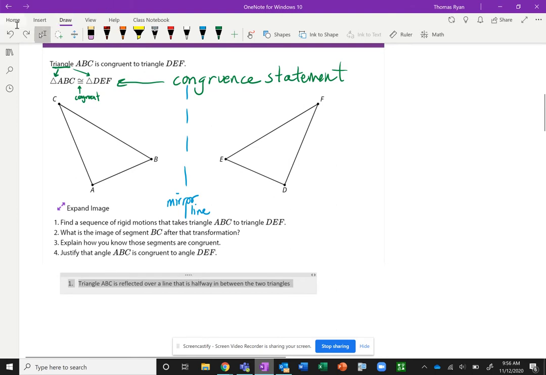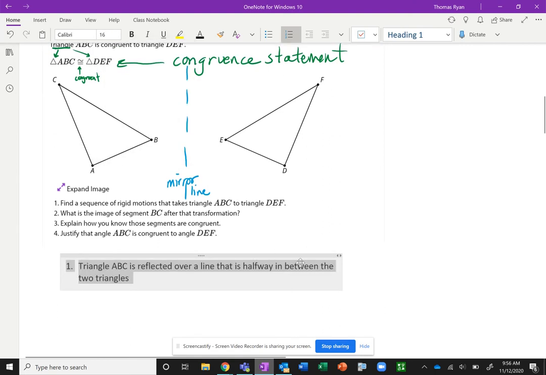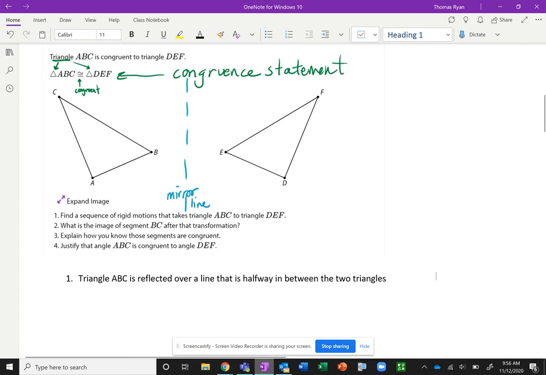Okay, now question 2 is asking us, what is the image of segment BC? That's a great question. Remember, image is always the result. So we're thinking of, this is the original, and this is our image. So if you look and it says, what is the image of segment BC? Well, BC is the one that starts close to the mirror line and slants out away from it.